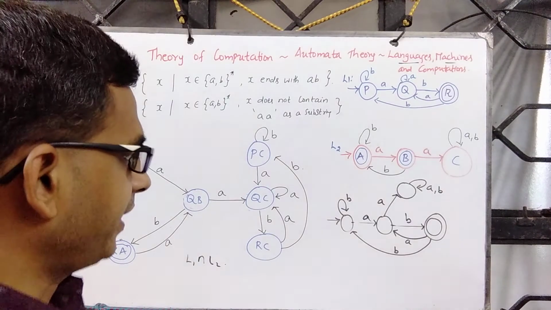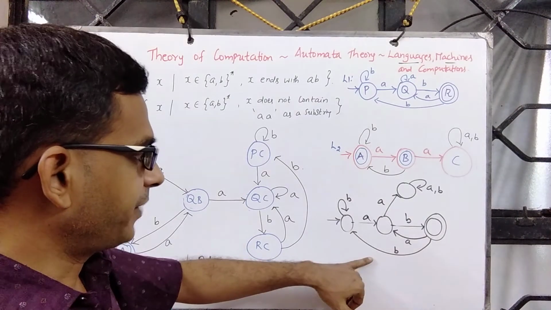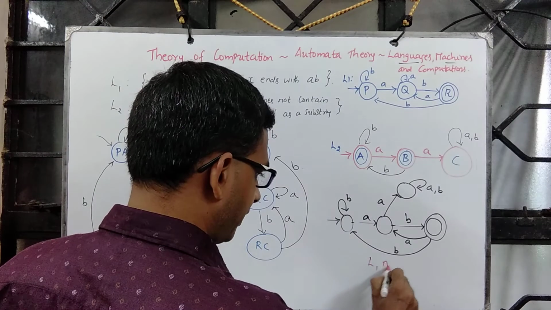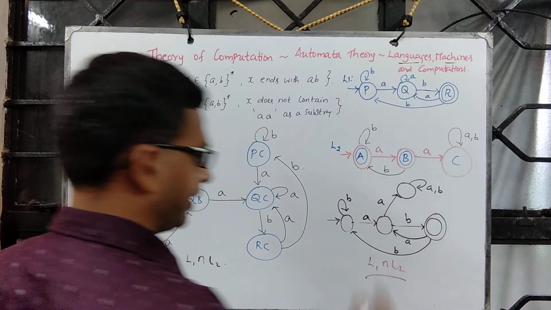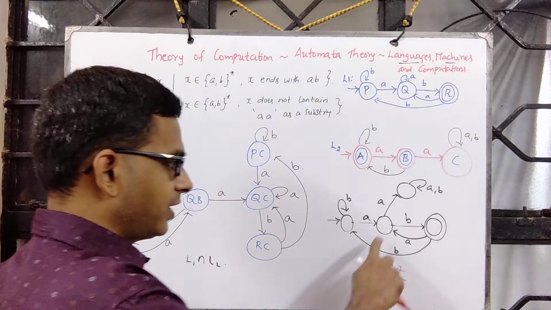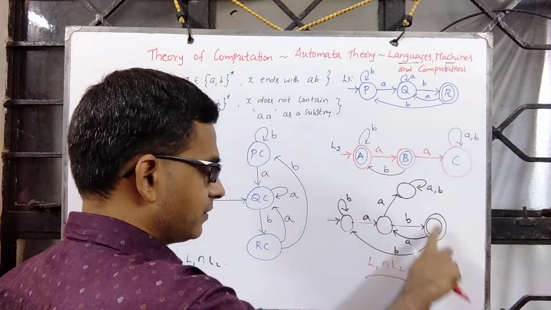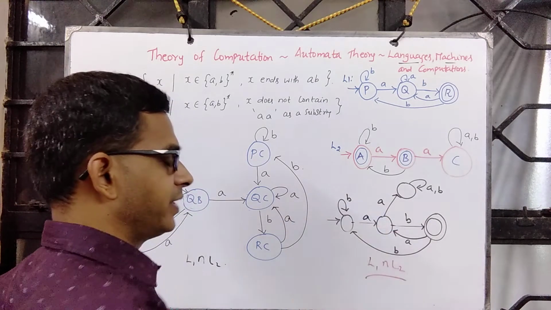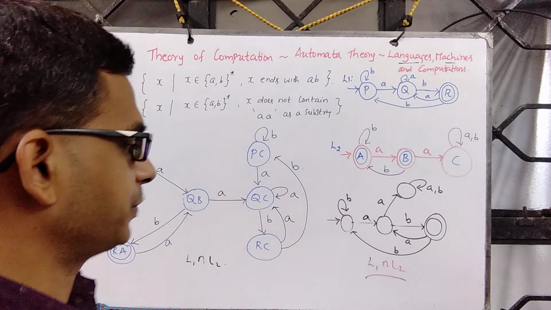Which means we obtain a 4-state automaton accepting the language L1 intersection L2, which is minimum because we need 3 states for this and 1 state for this. So anything less than this is not possible.